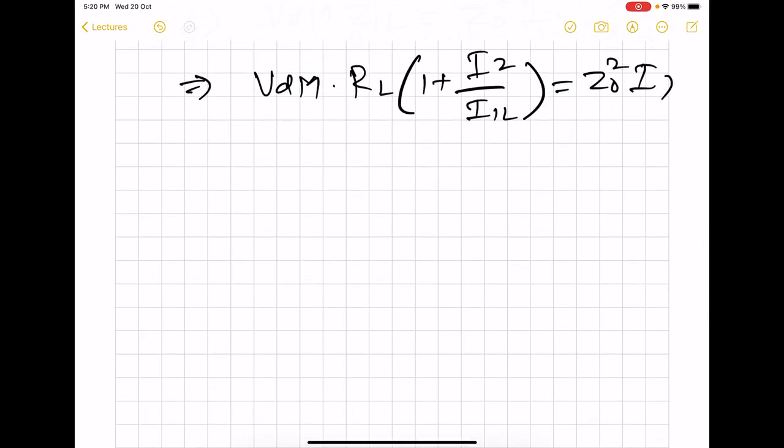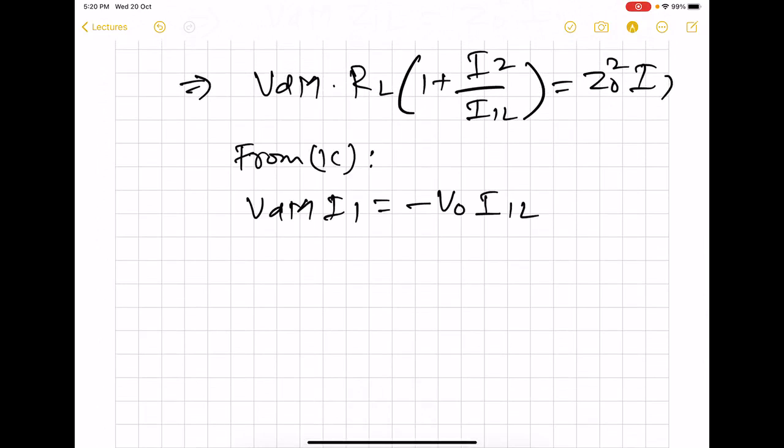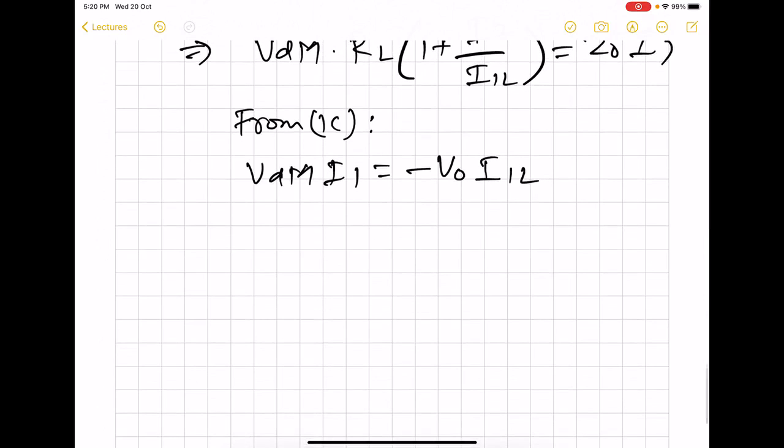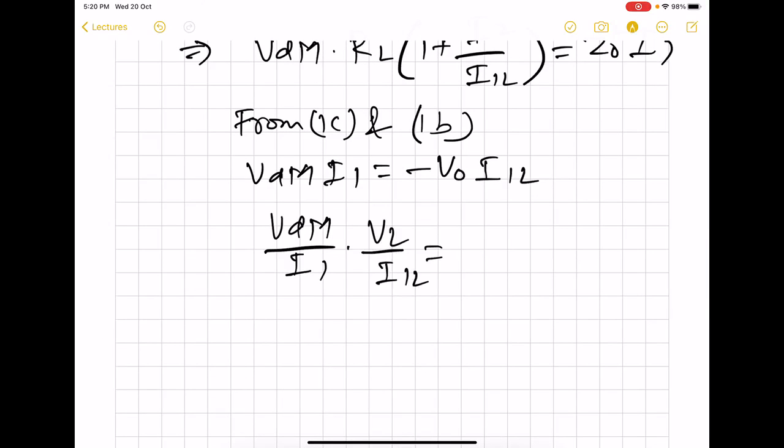From that equation, we see that VDM by I1 is equal to minus VL by I1L. And from 1B, we have VDM by I1 into VL by I1L is equal to Z naught square.